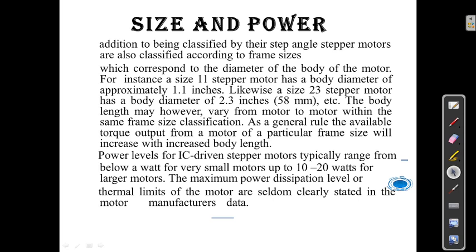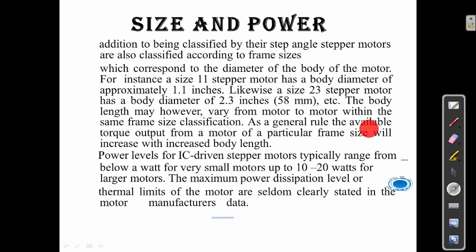For instance, a size 11 stepper motor has a body diameter of approximately 1.1 inches. Likewise, a size 23 stepper motor has a body of 2.3 inches, which is 58 millimeters. The body length may vary from motor to motor with the same frame size classification.